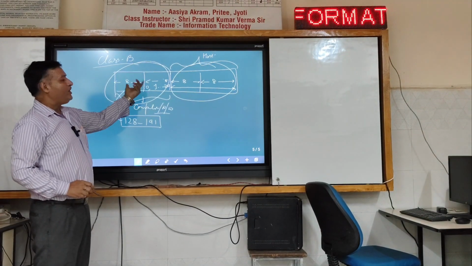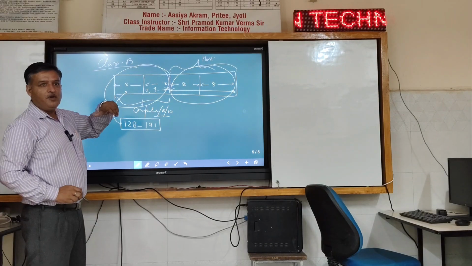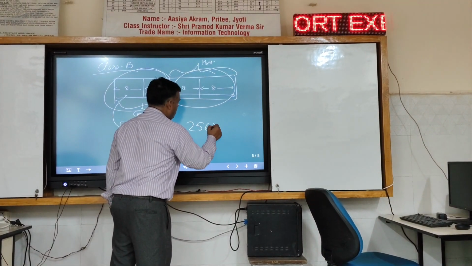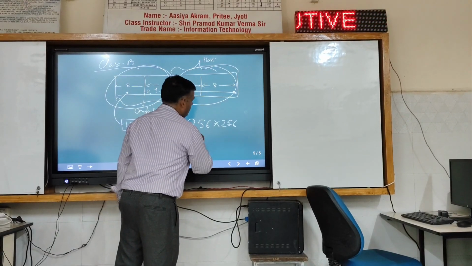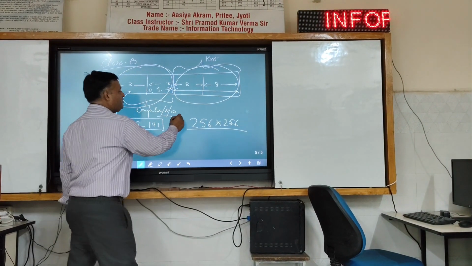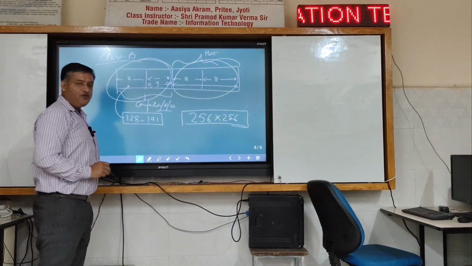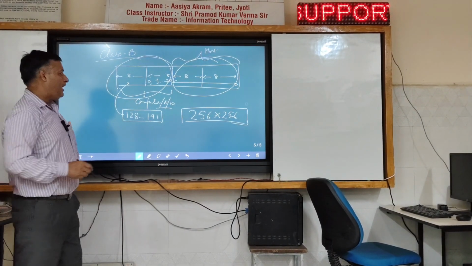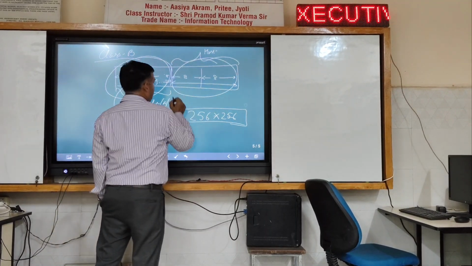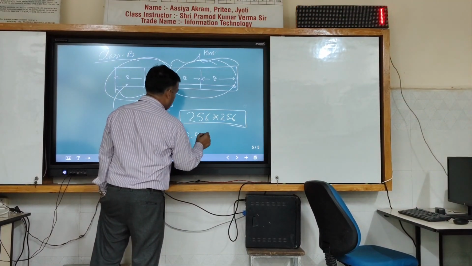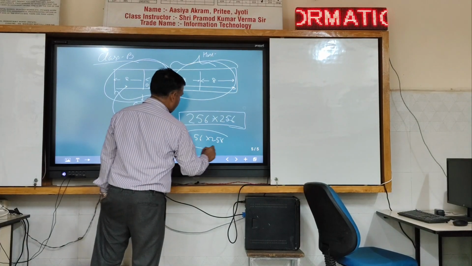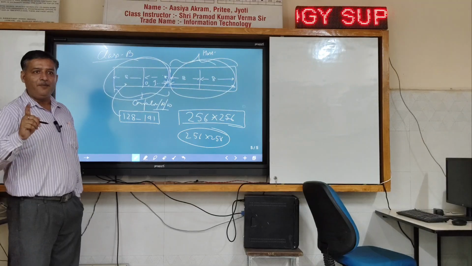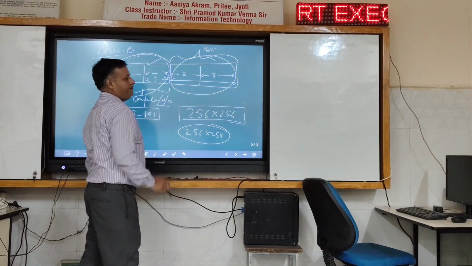So how many computer networks are permissible in class B? 256 into 256. If you multiply these two, this will be the limit of computer networks using class B. And again 256 into 256 represents the number of hosts admissible in a particular network.